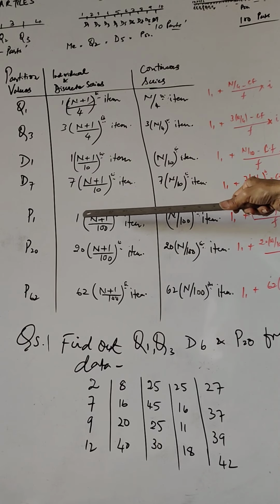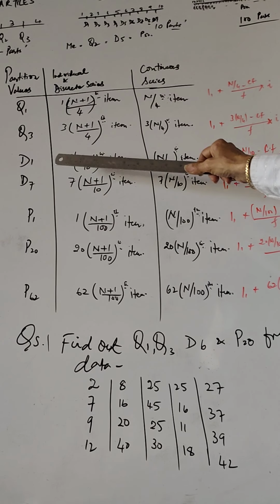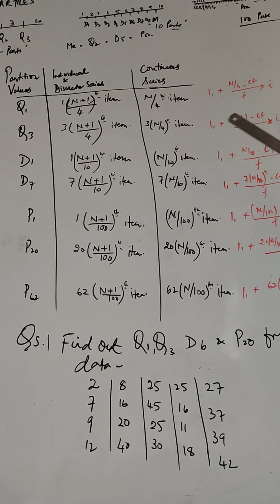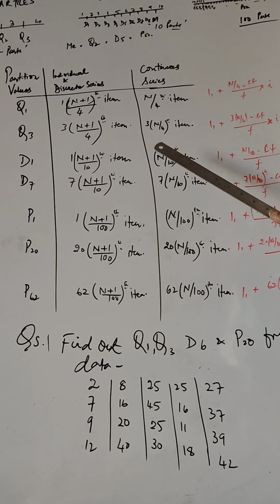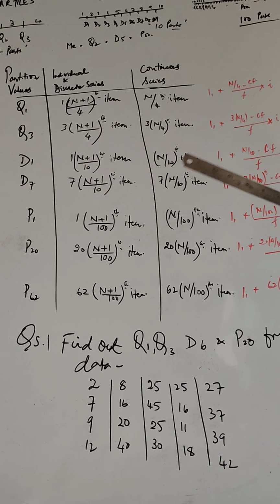Let's come to P1. Well, I got only D1 and D7, so let's just continue. Once you have worked out where D1 lies, you know which class interval it is. In that class interval, take the lower limit, L1, plus n by 10th, which you have already worked out, minus CF, the cumulative frequency before the decile class, divided by the frequency of the decile class, into I, the difference between L1 and L2.